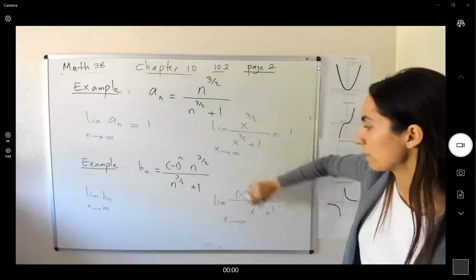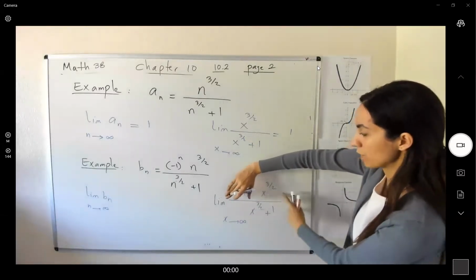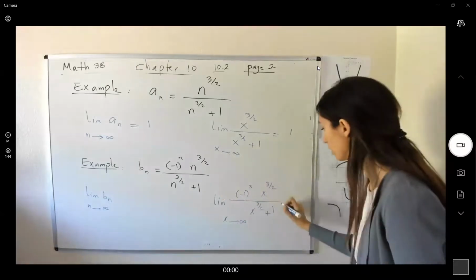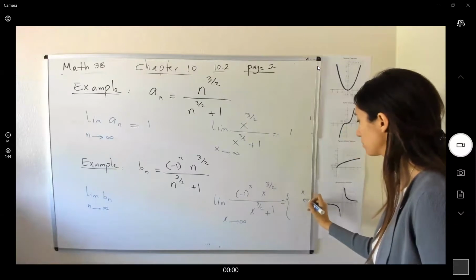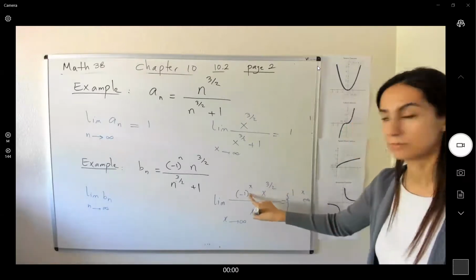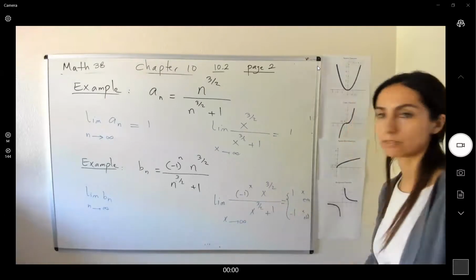If you forget about negative 1 to the x, you can apply L'Hopital's rule and get 1 here. But if x is even, you get 1. If x is odd, you get negative 1.